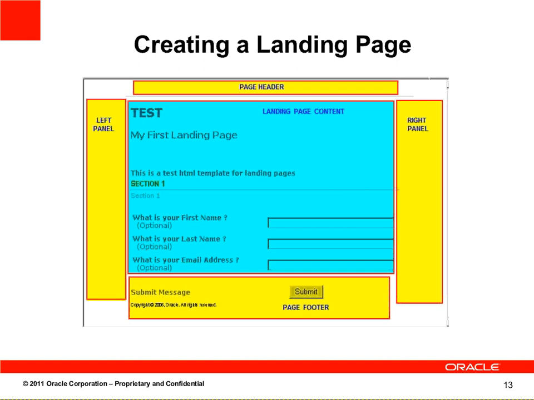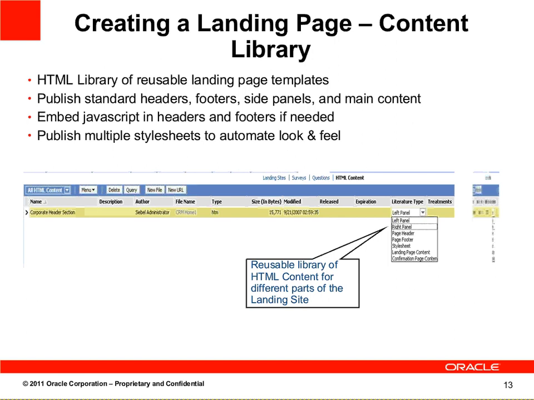And we also have a page footer. This is important because we need to have a page footer with a submit button. When we fill out the survey, that survey needs to be submitted. So therefore, we need to have a footer with a submit button.